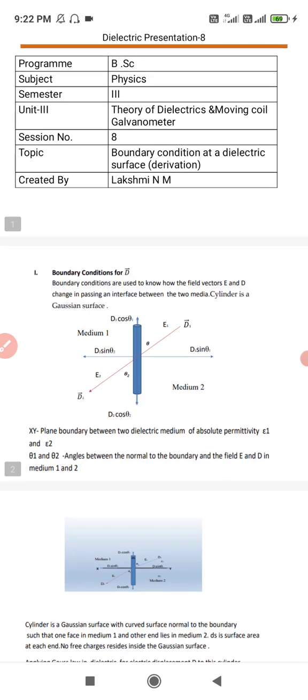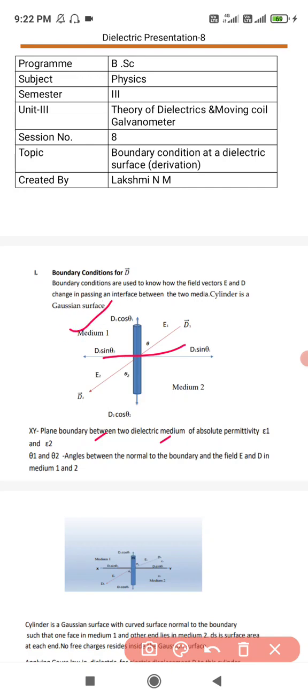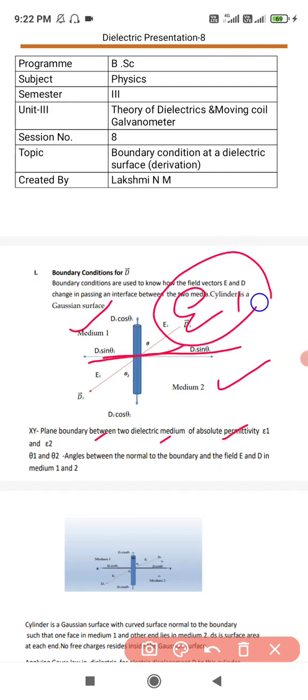the second dielectric medium. Here the xy plane is the boundary between the two dielectric mediums. This is the first medium of the dielectric, this is the second medium. These two mediums are separated by the xy plane, with absolute permittivity epsilon 1 for the first medium and epsilon 2 for the second medium.